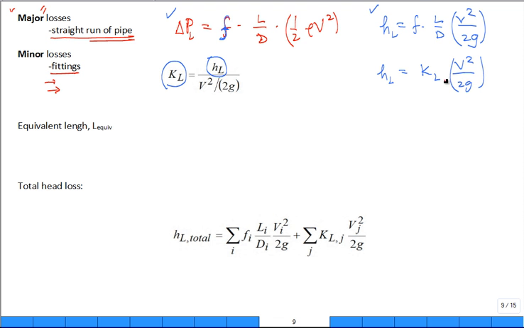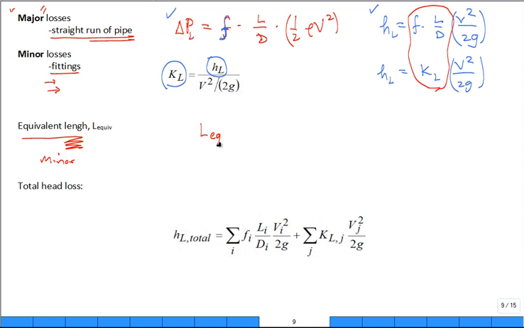Well, we compare, and that loss coefficient has the same effect as the friction factor times length over diameter. And sometimes people will even come up with an equivalent length for the minor losses. Can you just see if you equate these?